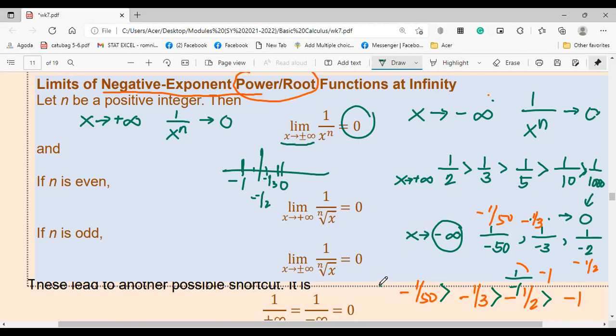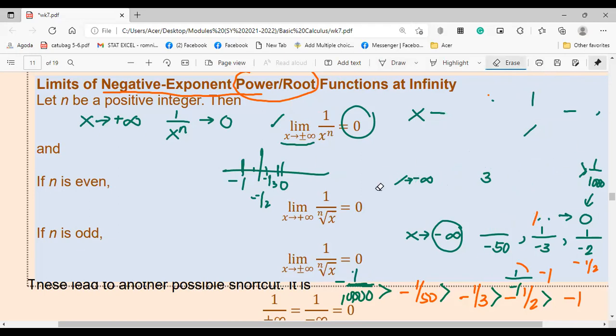Ayan siya. It goes closer and closer to 0. What if you have here negative 1 over 10,000 halimbawa, halos zero na rin siya. Di ba? Halos zero na siya. Yun ang sinasabi nitong rule. So, ang kagandahan nitong rule class, pwede ka daw mag-generalize sa kanya.